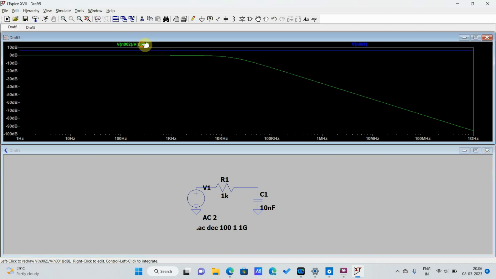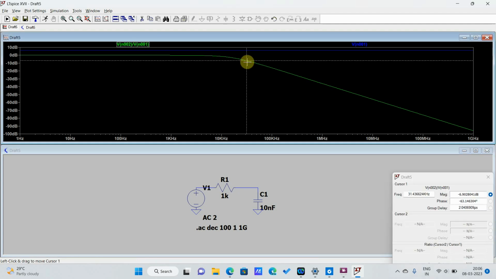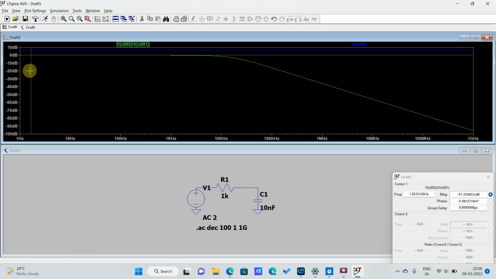So then we get the net gain of the circuit. So gain remains constant almost up to maybe we can say near 5 kilohertz. The gain remains almost constant. After that it slowly starts decreasing.